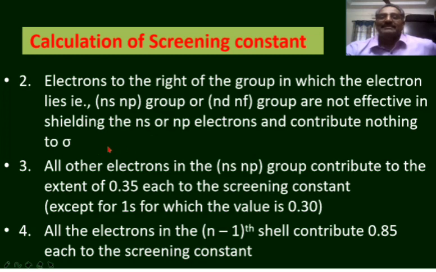That is, the electrons present in these groups do not contribute anything to the sigma value, that is screening constant.